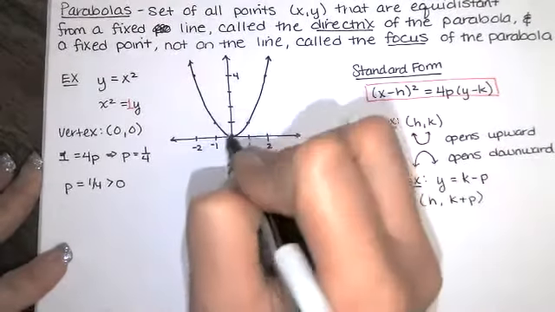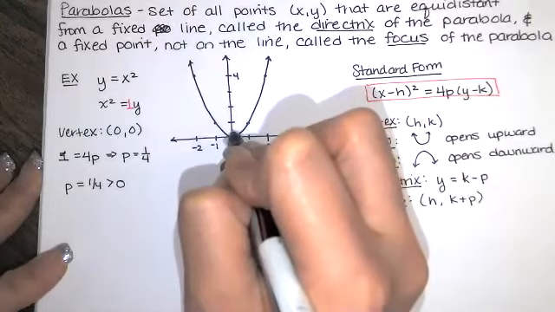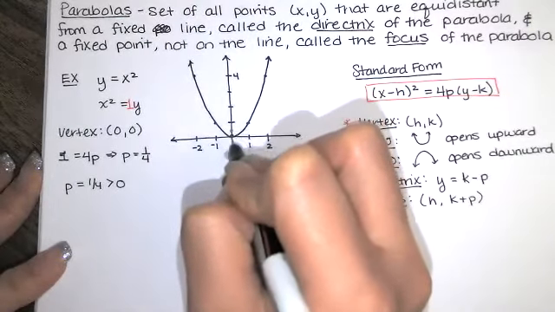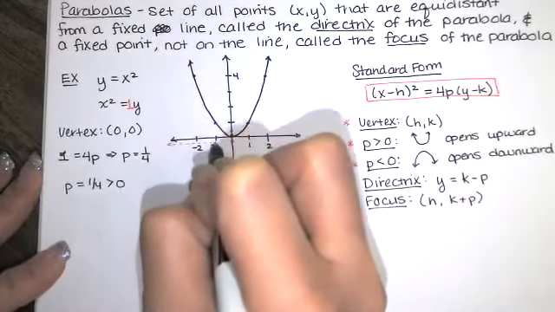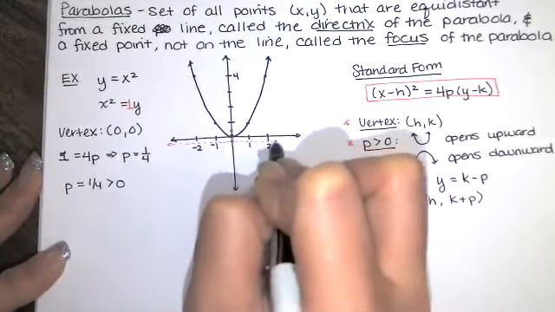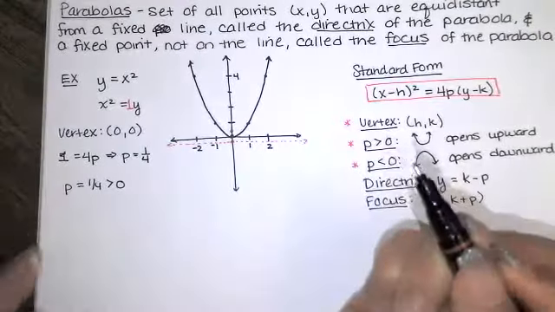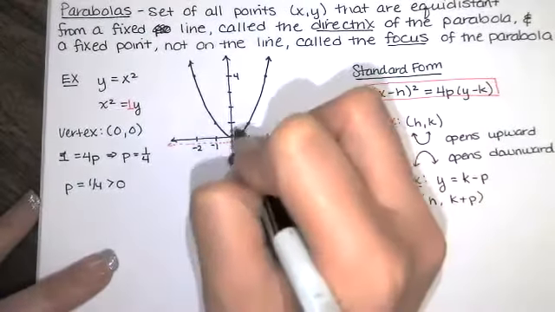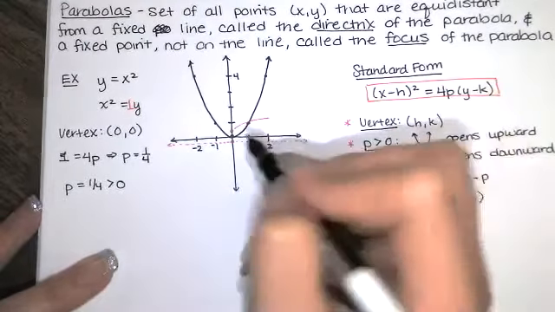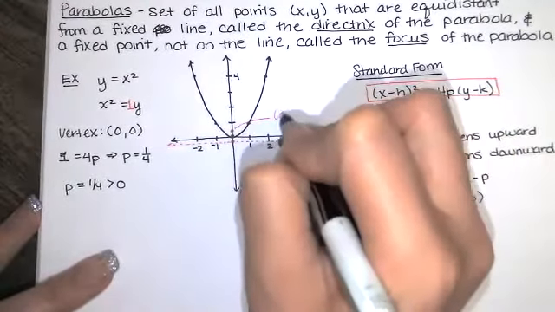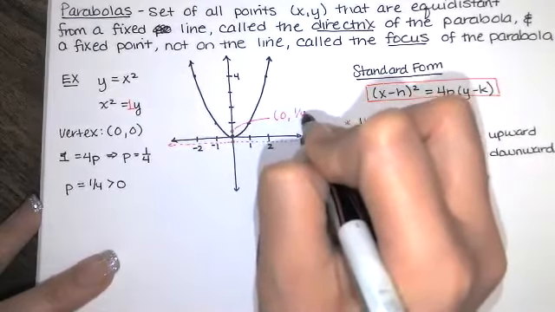And my focus is 1/4 of a unit from here, and my directrix is 1/4 of a unit down here. And the directrix is an entire line. It's a horizontal line, and that focus is this point here. So the focus in this case is x equals 0, y equals 1/4.